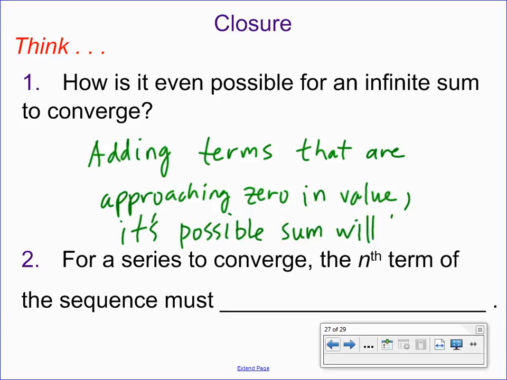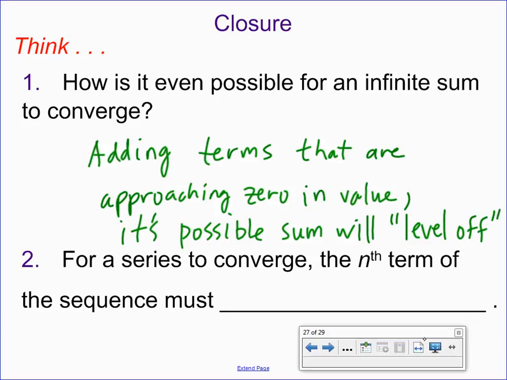And I'm going to put quotation marks here, level off, right? If we're continually adding, but we're adding terms that are getting closer and closer to zero in value, then it's possible that the sum could level off to a particular number. That's my super technical math term for BC.